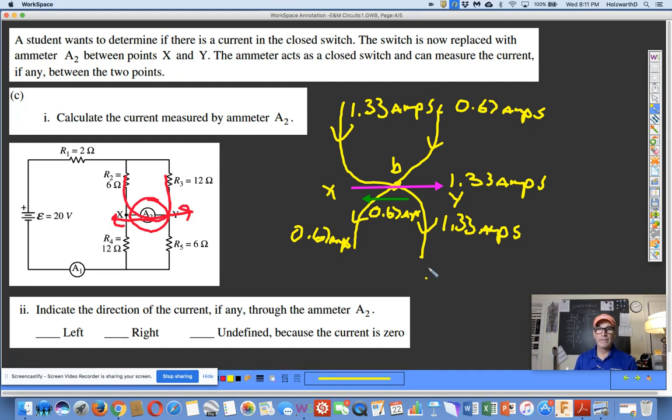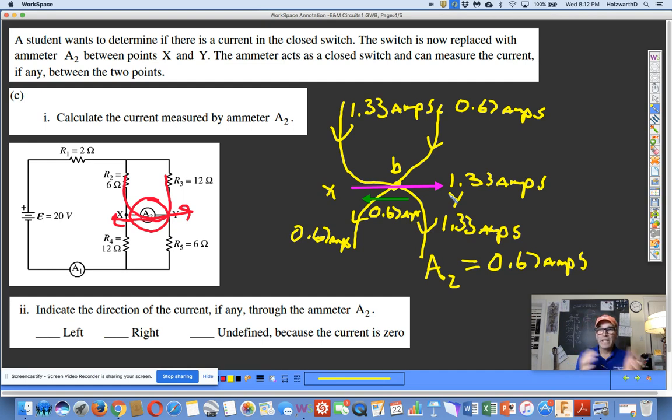So the ammeter A2 reading in this scenario, having described how the current takes the path it does, going into junction B and out again through the 6 and 12, is 0.67 amps. I'm using positive and negative for direction, going back and forth, and guess who wins?